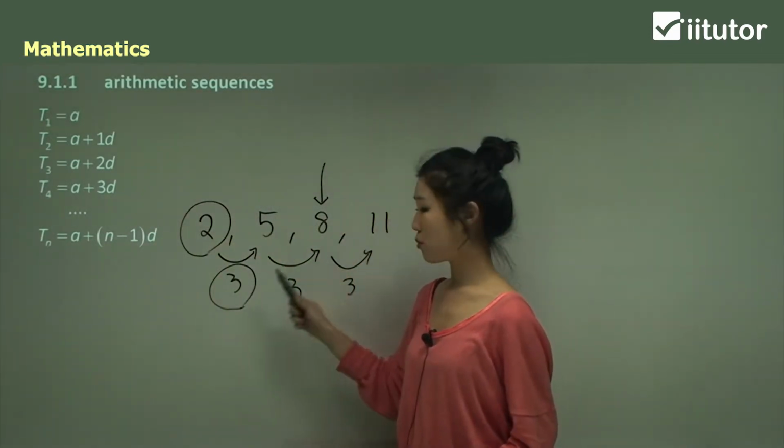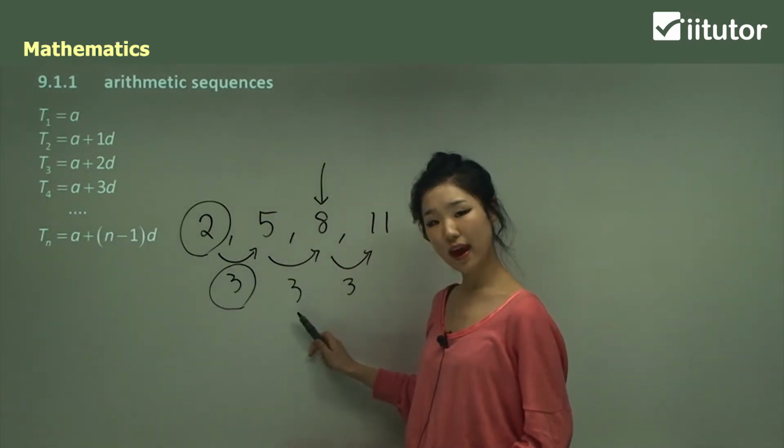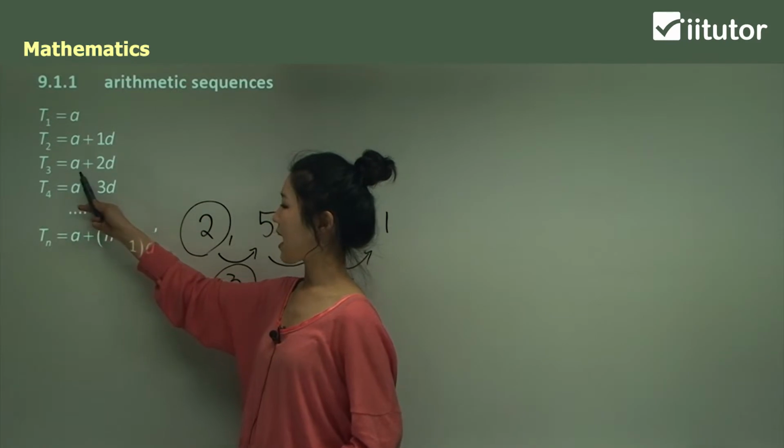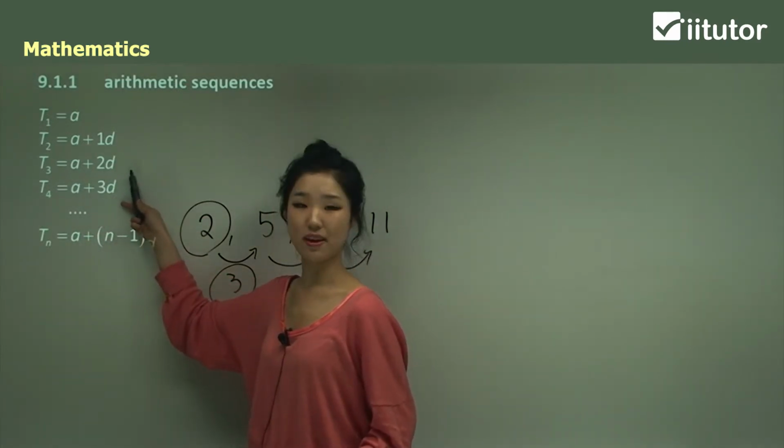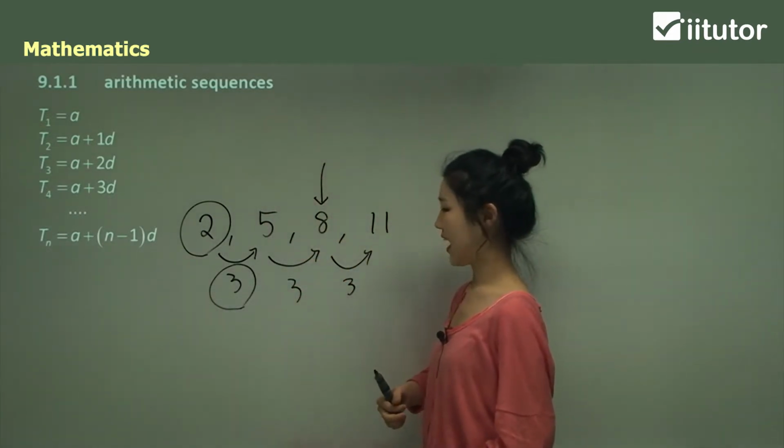To get to that point, we have to add 3 once and also twice. So to get to the third term, we say A plus 2 times D. I hope that's not too difficult to understand.